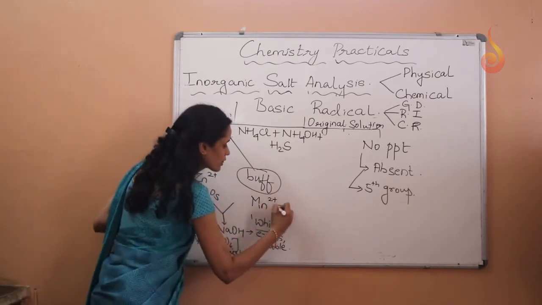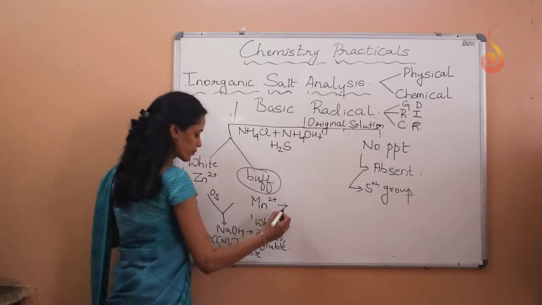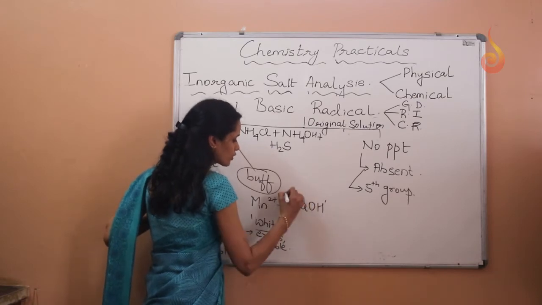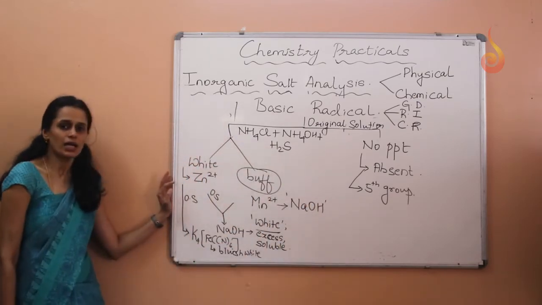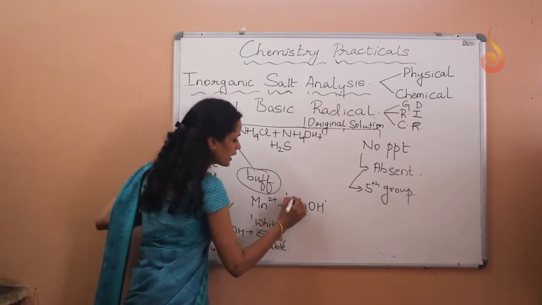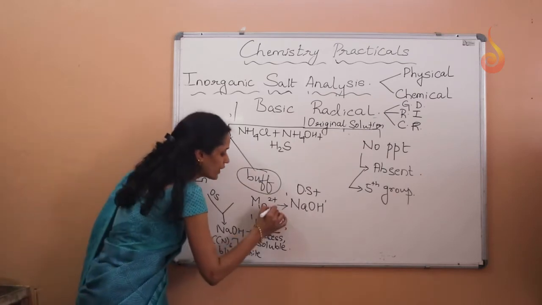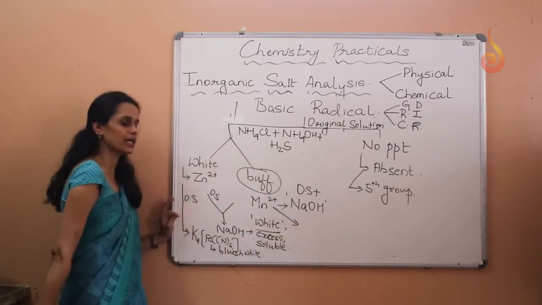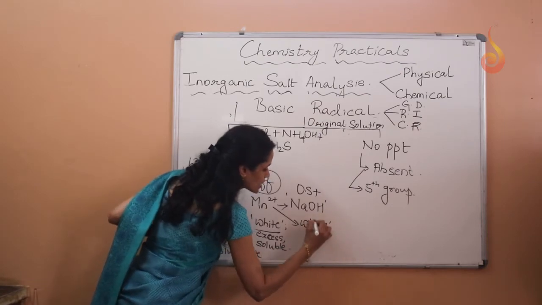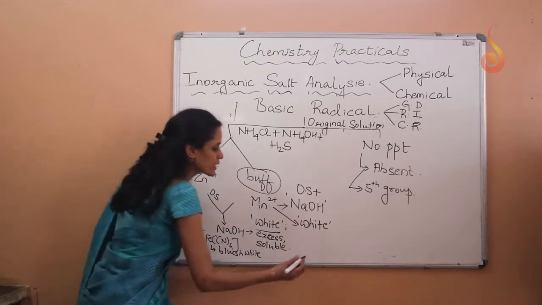Now we'll look at the confirmatory test for manganese ion. As I told in the beginning, we use the same reagent, that's nothing but NaOH solution. After adding NaOH solution to the original solution, for manganese ion we first observe a white color precipitate.